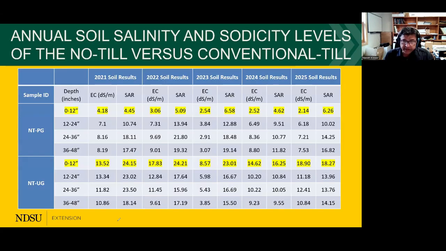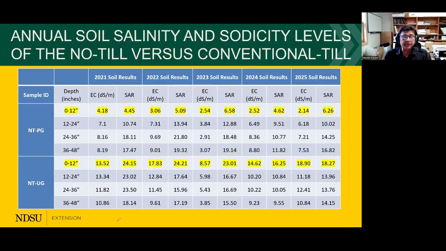That's how it looked. And here are the soil results for the past 5 years. EC is the test for soil salinity or electrical conductivity, and SAR or sodium adsorption ratio is the test for soil sodicity. According to NDSU research, if SAR is 5 or less, you're not going to have significant dispersion.